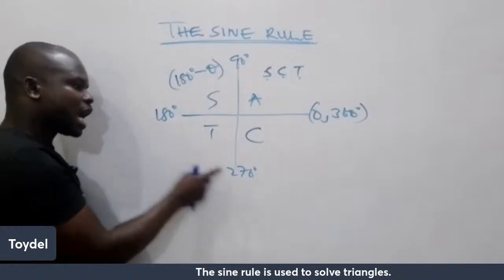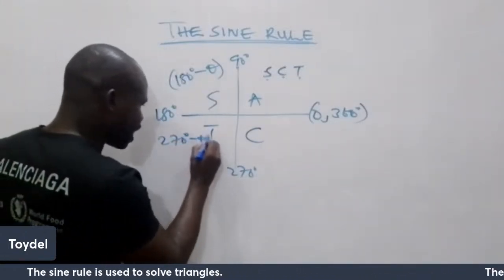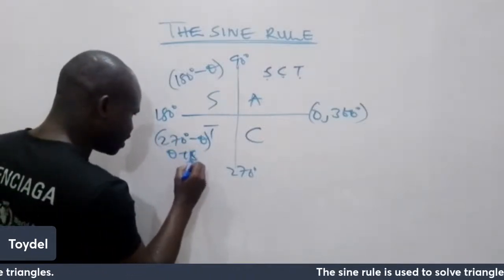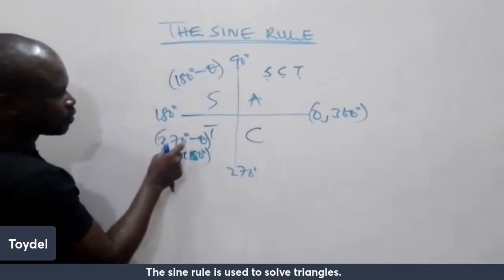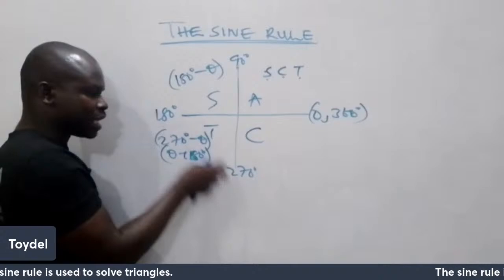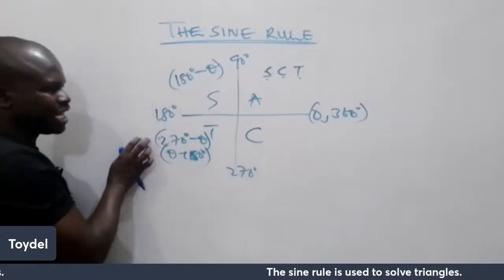Between 180 and 270 degrees, it can be 270 degrees minus theta, depending on the textbook, or some textbooks will say theta plus 180 degrees, irrespective of how we have it, it is only tangent that is positive here. Both sine and cosine will be negative in this quadrant.